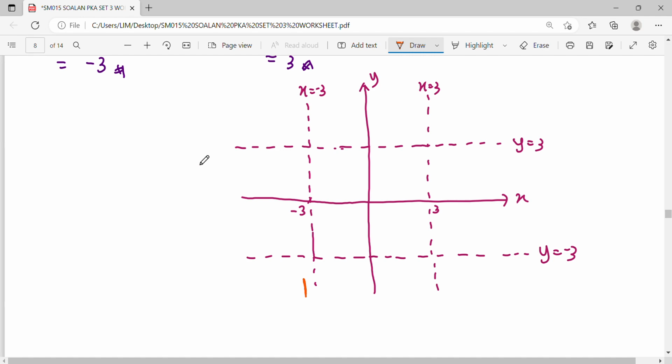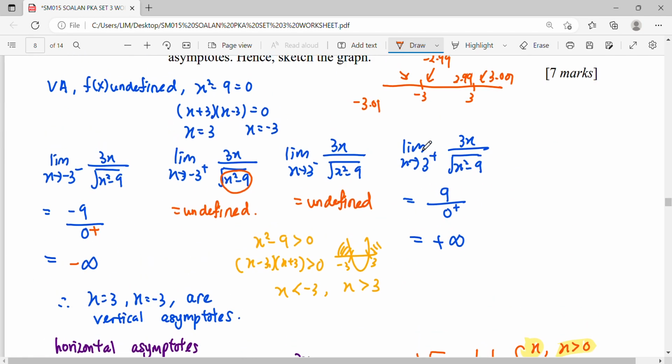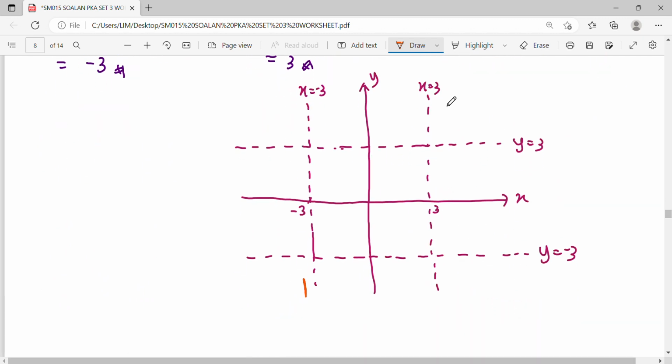When x approaches 3 from the right hand side, the graph is going to positive infinity, going up. This is the tail of the graph approaching the asymptote. So that is your first part result that gives us hints for our graph.